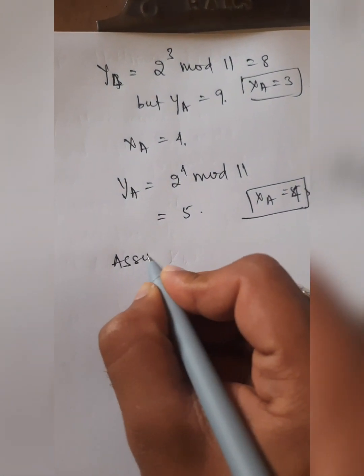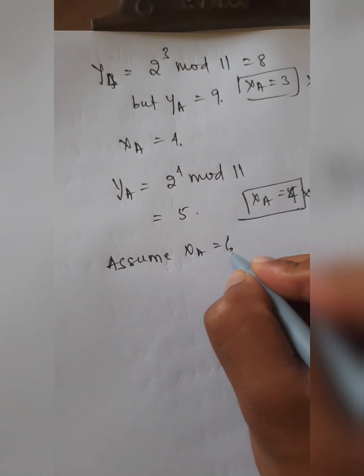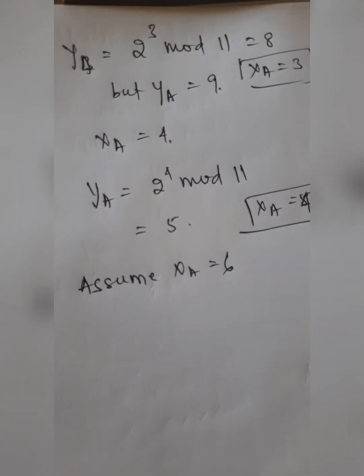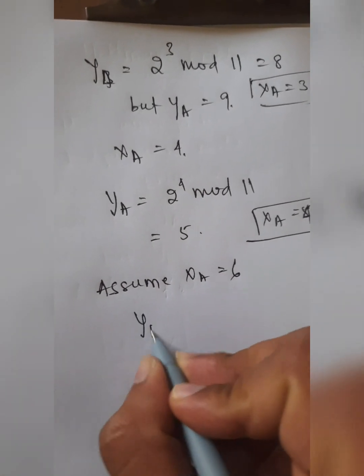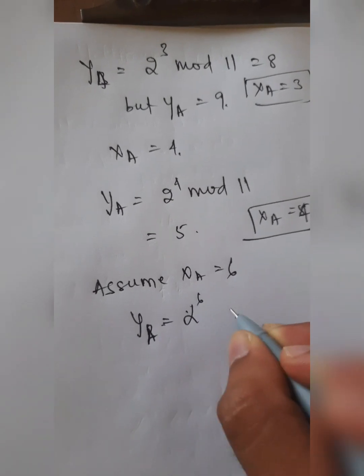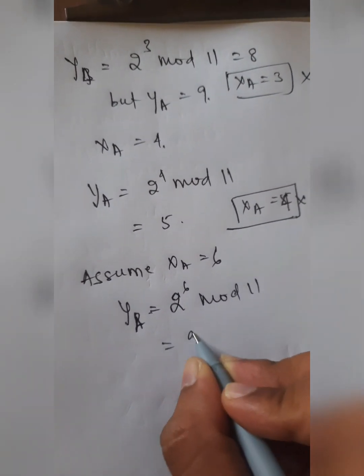Let us assume xa is equal to 6. The same way you did for primitive root finding, you have to do for this also, so that you get 9. So ya is equal to alpha to the power 6 modulus of 11, that is 2 to the power 6 modulus of 11, which is nothing but your 9.